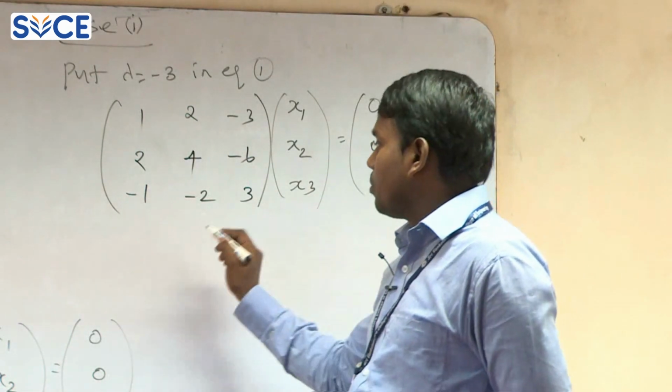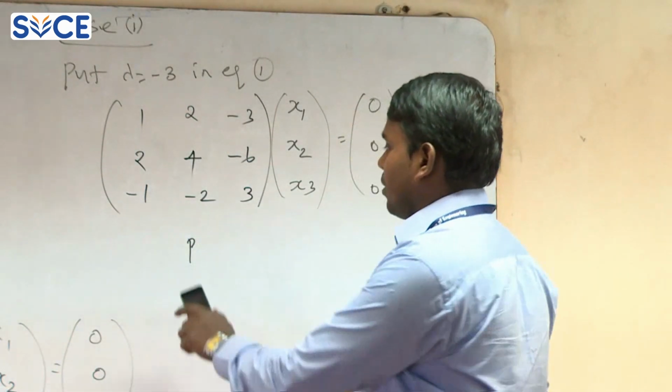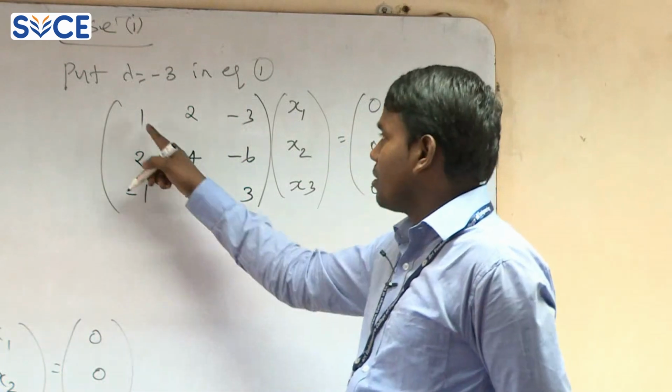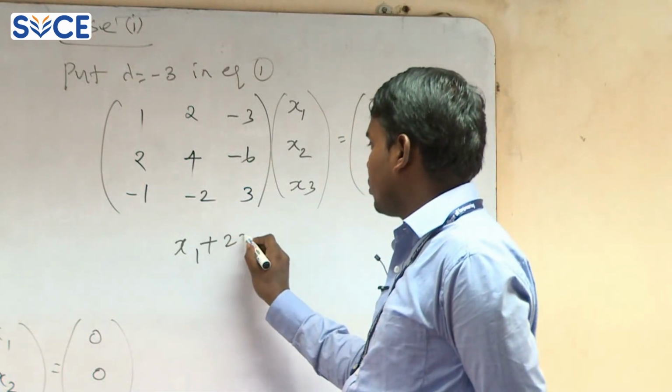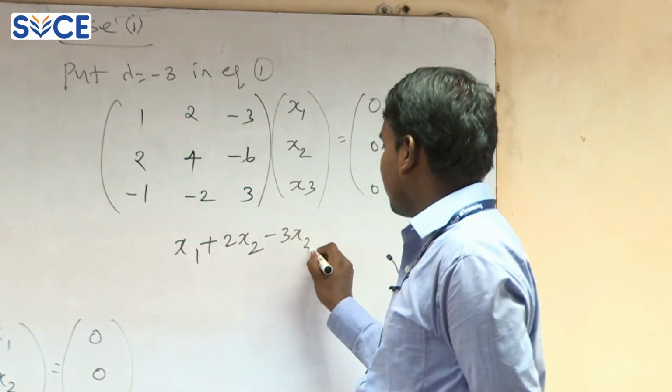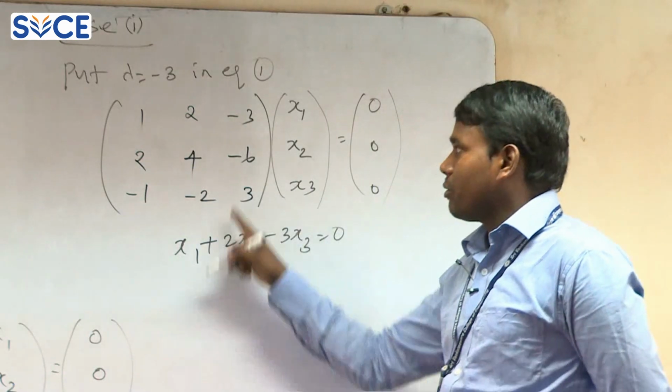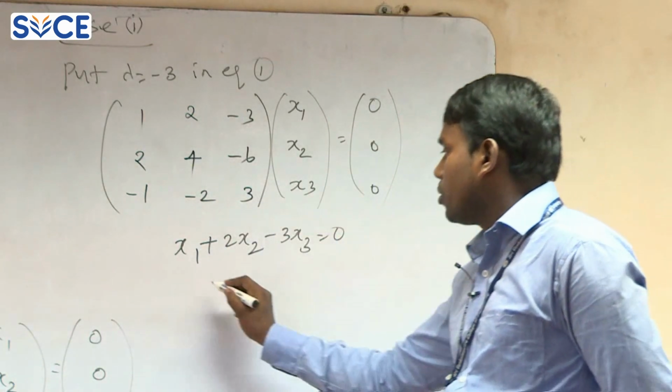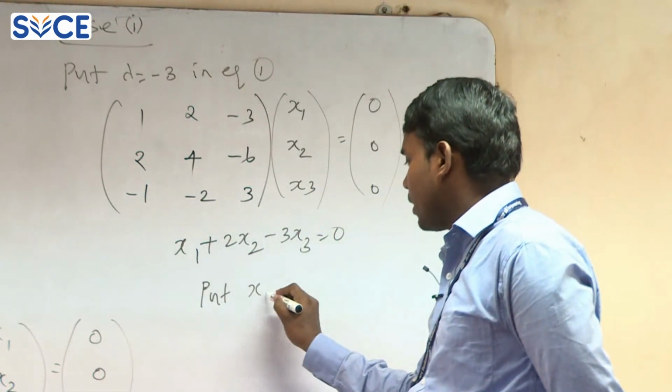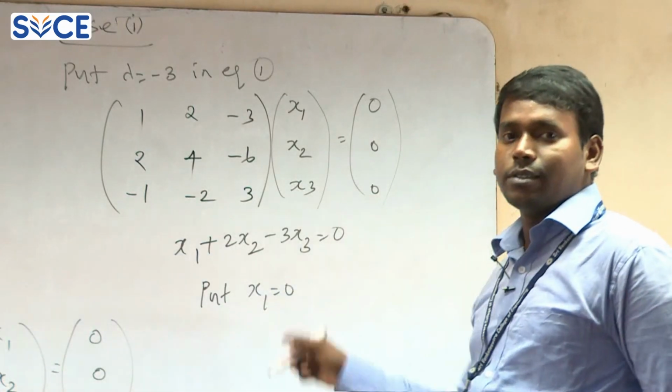So the procedure is, write the equation. First one: x1 plus 2x2 minus 3x3 equal to 0. I am choosing the first equation. Now the procedure is to put x1 equal to 0 in this equation.